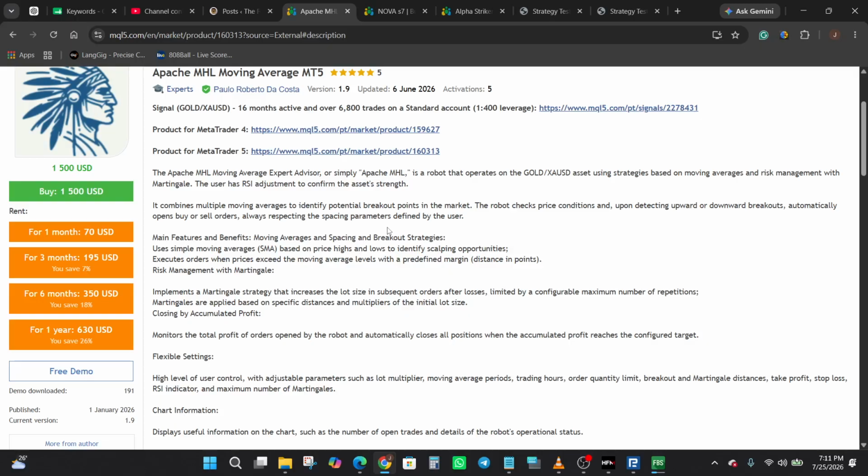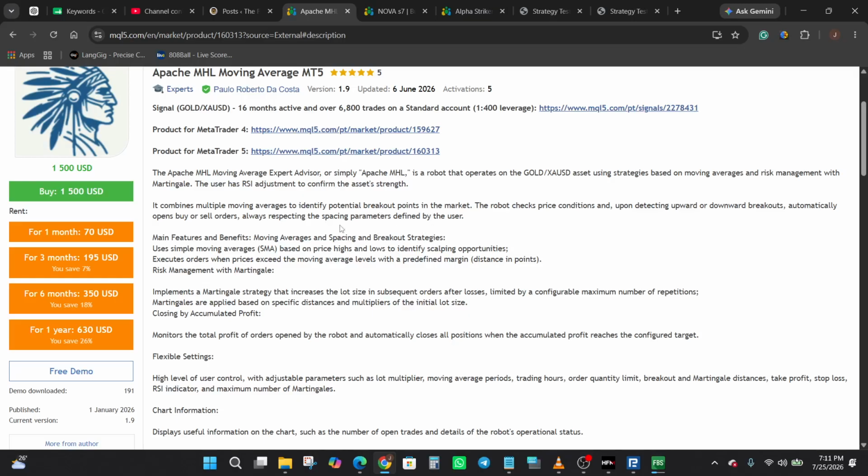It combines multiple moving averages to identify potential breakout points, and when price breaks above or below those levels by a user-defined margin, it opens buy or sell orders accordingly, respecting spacing parameters set by the user.